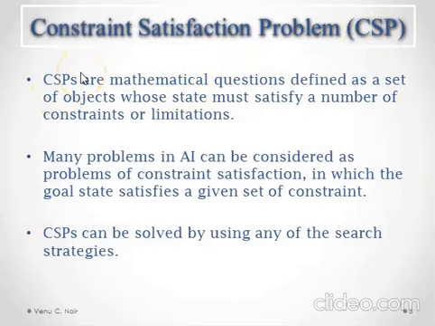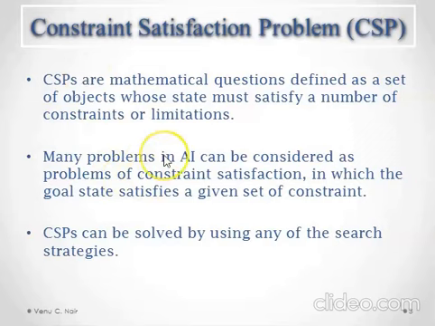CSPs are mathematical questions or problems defined as a set of objects whose state must satisfy a number of constraints or limitations. So for solving this problem, we may have to use operations. Not only that, we have to obey some more conditions for making those operations.